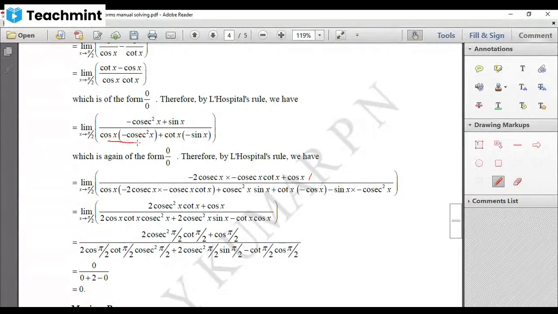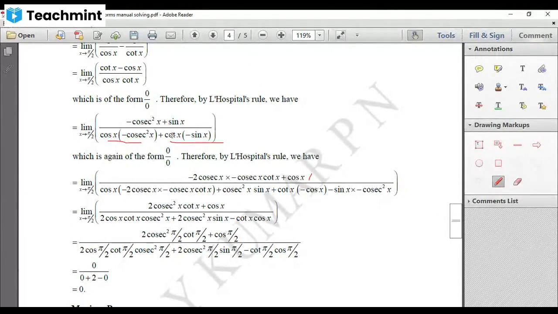Now apply the product rule for this as well as this. Keep cos x as it is. Derivative of minus cosecant square x is minus 2 into cosecant x into derivative of cosecant x, which is minus cosecant x into cot x, plus cosecant square, keep x as it is. Cos x, derivative of cos x is minus sin x. So minus minus becomes plus here.